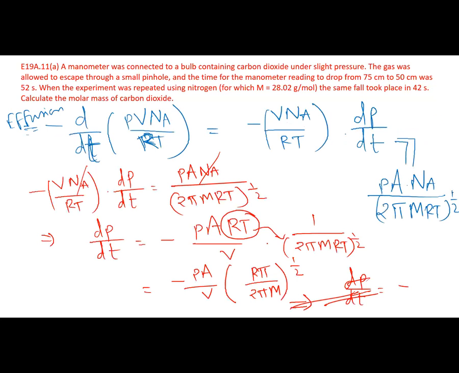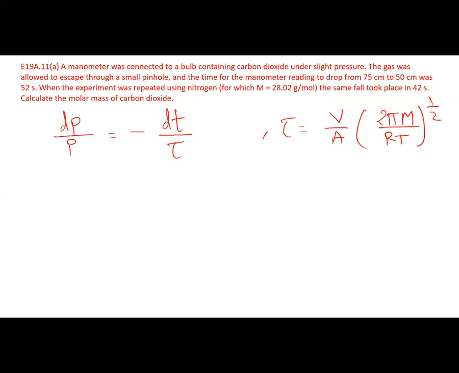Just to make sure, this is the reciprocal of the term that we saw in the previous slide. Once we get this, we can take integrals of this equation, from P0 to P, and from 0 to time t.